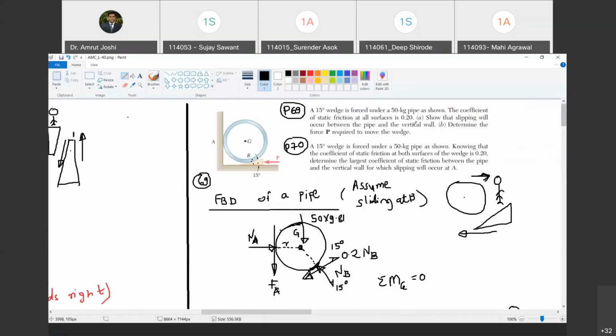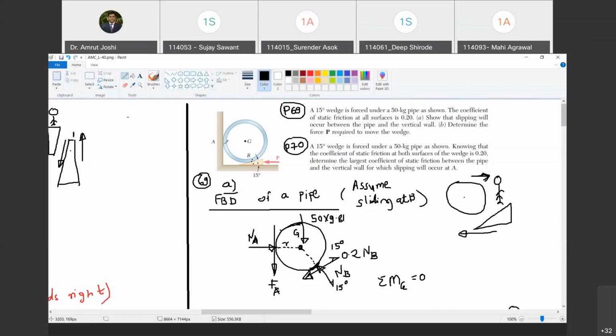So have you understood the first part of problem number 69? Now what is the second part? Second part is to determine the force P required to move the wedge. So I have clearly understood that even before there is slippage at B, there would be slippage at A. The moment there is slippage at A, the corresponding value of P is what I have to find out.